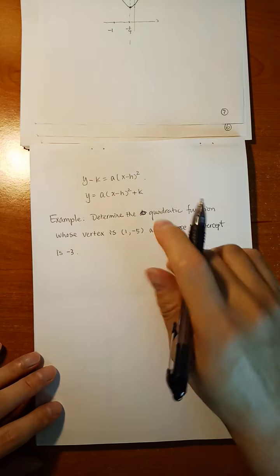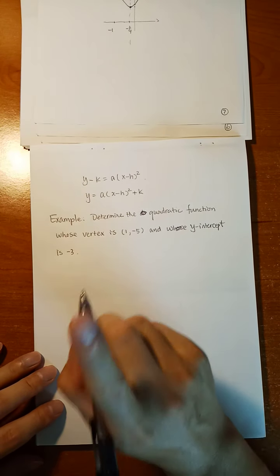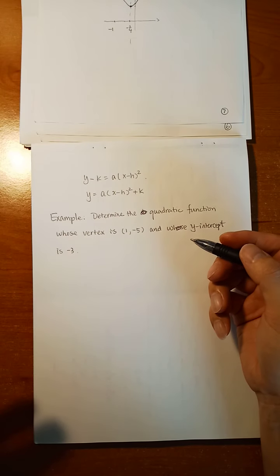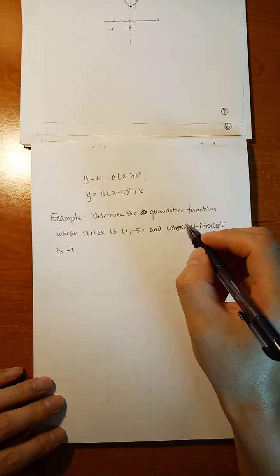Okay, so we know the vertex, and we know one point on the graph. The y-intercept is also a point on the graph.